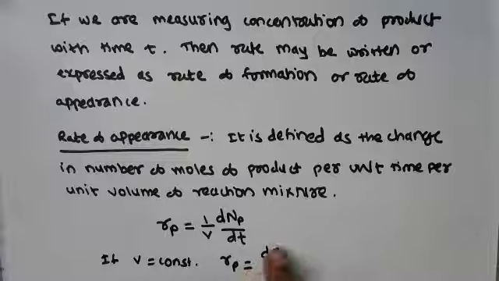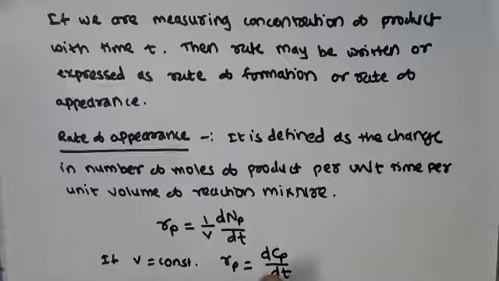Rp is equal to dCp by dt. So in this way, the rate of formation of the product can be expressed. Now, these are the simplest examples of the expression of rate of reaction. Please remember, I am just saying rate of reaction, I am not saying rate law expression. It's a different thing, that we are going to explain.